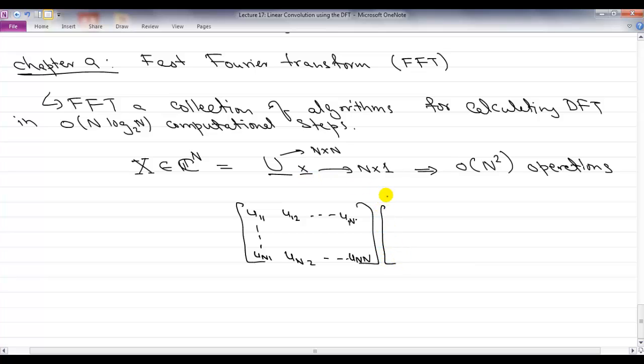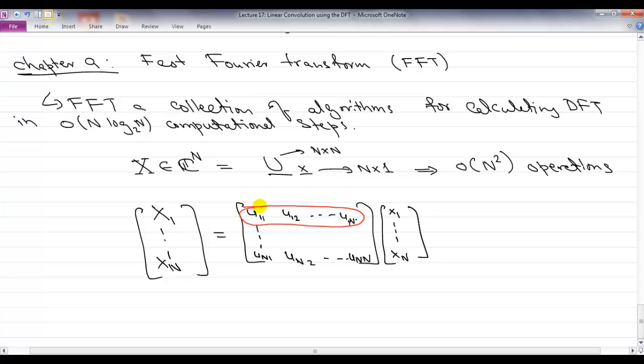And your vector is x1 up to xn, and you get your coefficients, capital X1 up to capital Xn. Now to compute any coefficient, what are you doing? You are multiplying this row vector with this column vector, right? Simple linear algebra.